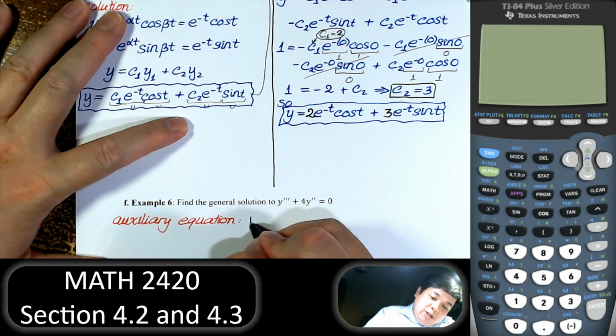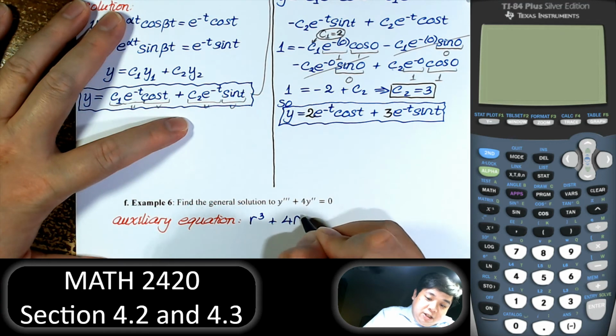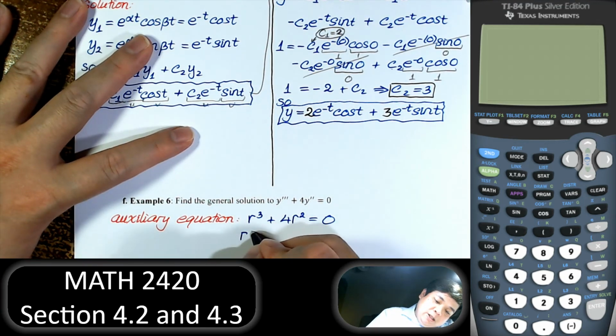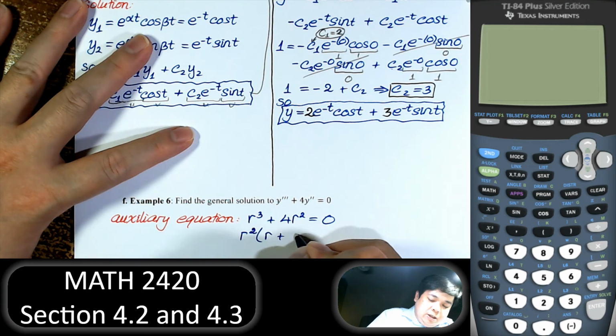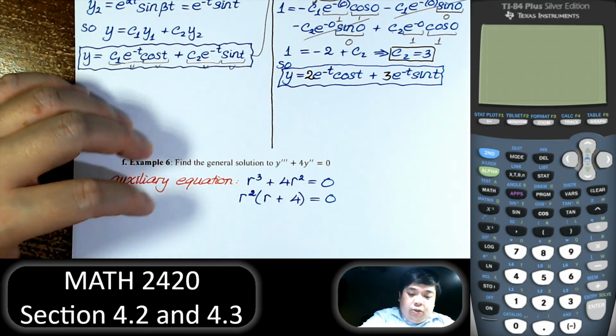The third derivative, of course, is the third power, and the second derivative is the second power. Now if we solve for r, we can factor out r squared.